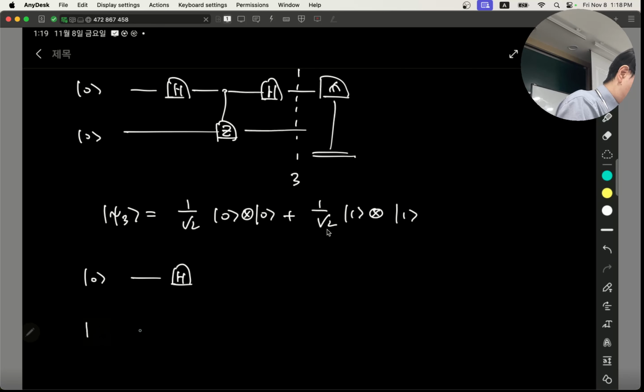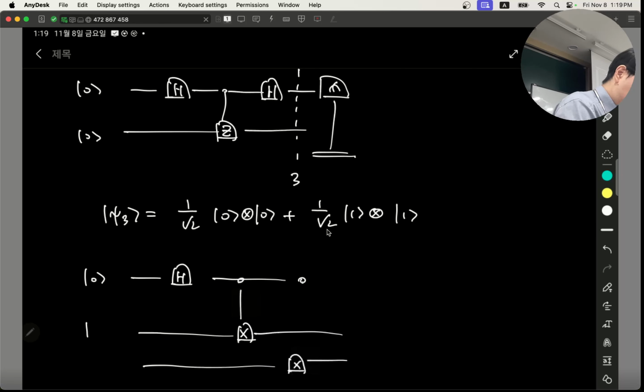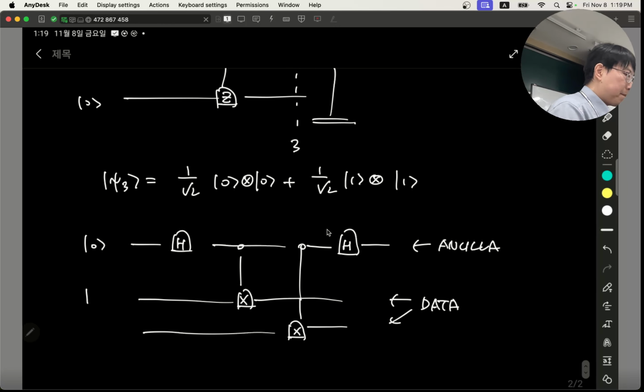Here I have two data qubits, so we have X and X. This is the ancilla, and these two are data qubits. So what happens here?